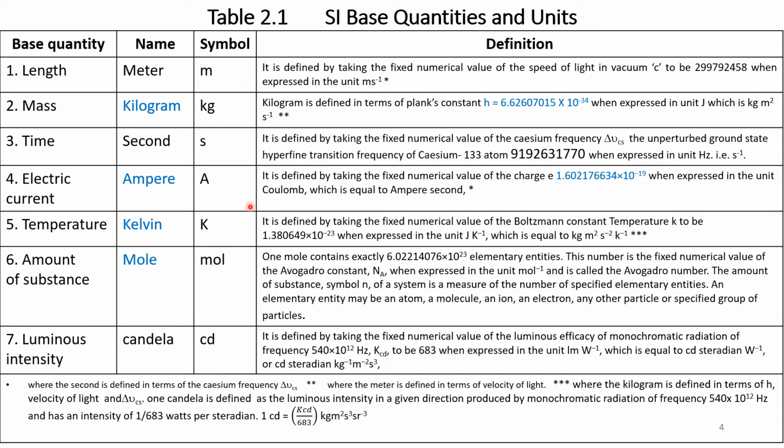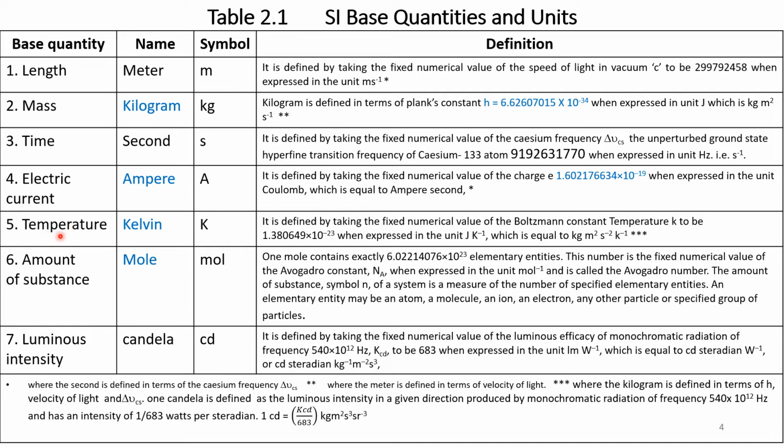The electric current ampere capital A is defined by taking fixed numerical value of charge 1.602176634 into 10 to the power of minus 19 when expressed in the unit C, which is equal to ampere seconds.